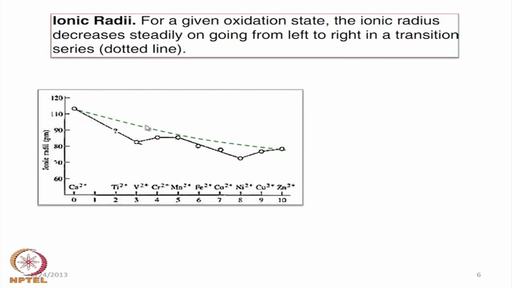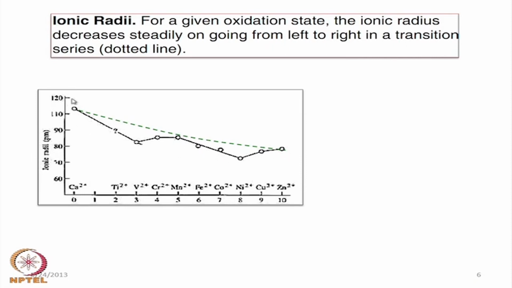The main effect is that if there is no contribution from the d electron occupancy, we will have a monotonic decrease from calcium to zinc as the nuclear charge increases, which squeezes the size, and we are having ionic radii from 113 or 114 picometer to almost 80 picometer.